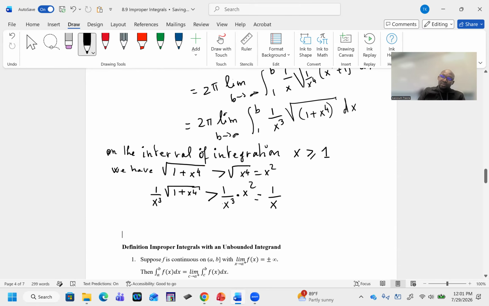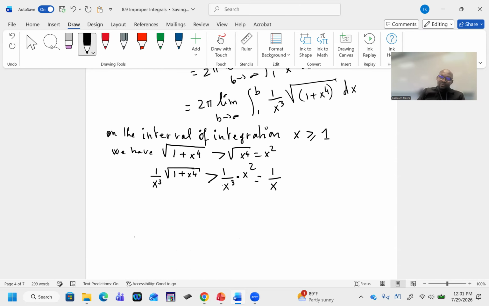So, look, therefore, we know for all b, with, of course, 1 is less than b, and b is less than what? Infinity.